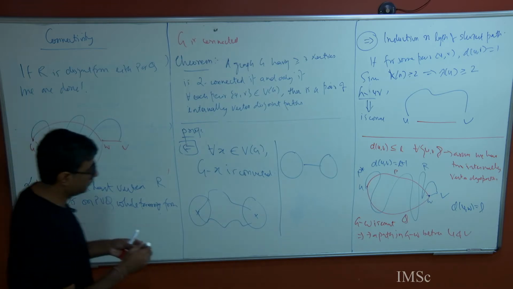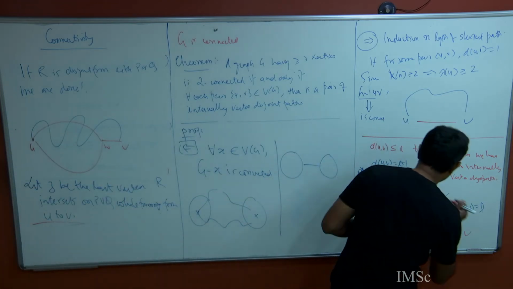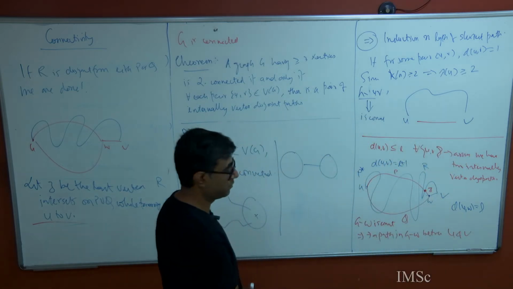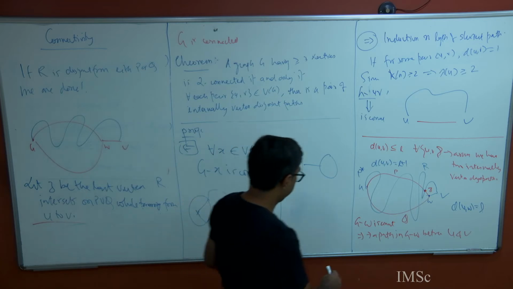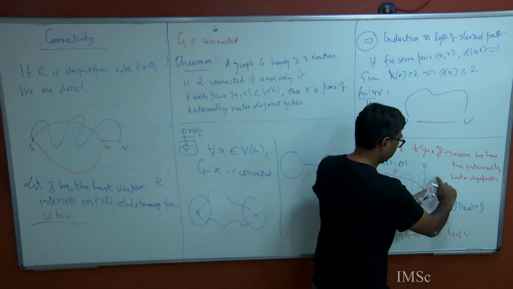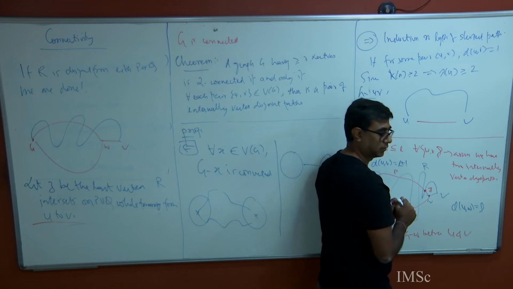Okay, so suppose this is my Z, then what can you say? If this is my Z, then I will take Q, I will take this and then this path, right?